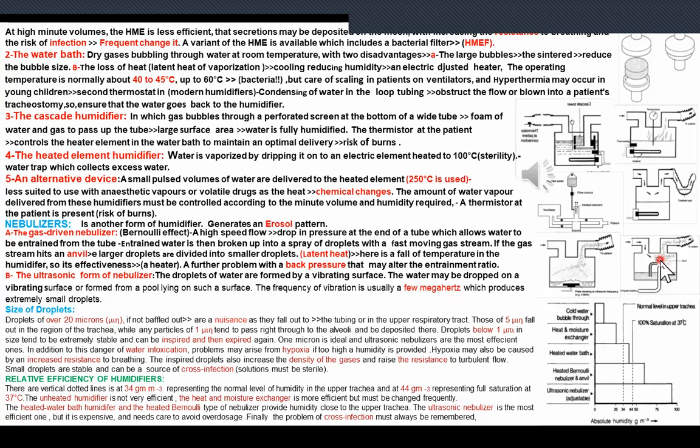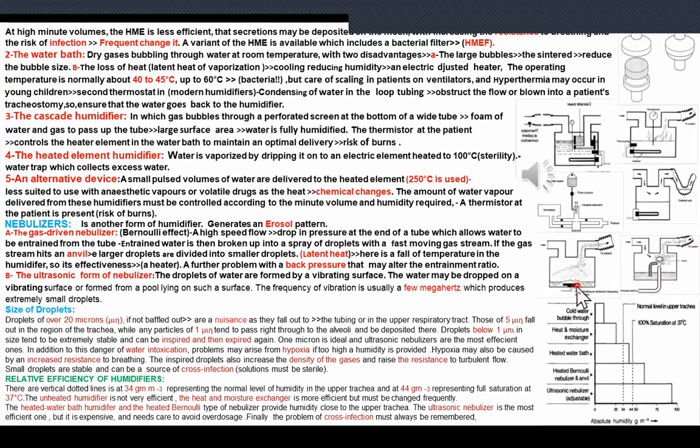An anvil is something used by the blacksmith whenever he used to bang on it. This anvil breaks down or baffles these droplets into a very small aerosol pattern to go to the patient. So this is the first one, the gas-driven nebulizer.